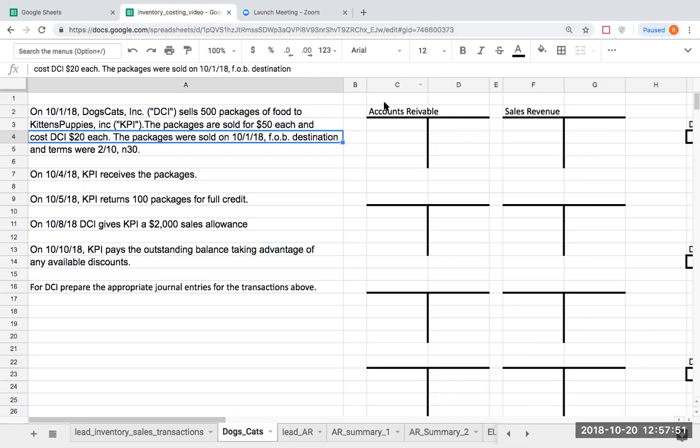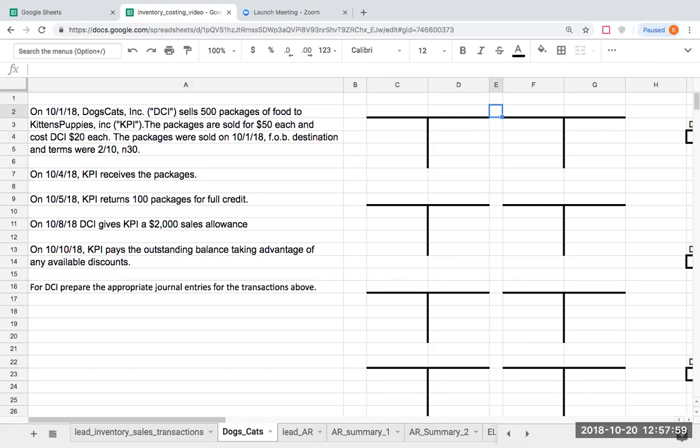When we're dealing with inventory sales, unlike services revenue as we looked at in the earlier chapters, what is different is that I essentially have two parts of a transaction happening.